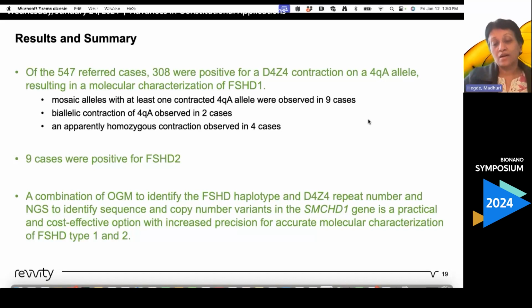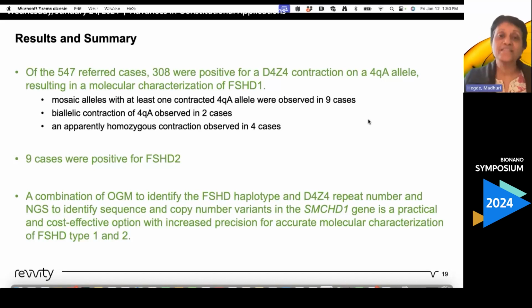So what we have recommended in our manuscript, the published manuscript I showed before, is a combination of the NGS gene panel with OGM for testing for FSHD. Now, one thing I would highlight here is that we are not the first laboratory to demonstrate the use of optical genome mapping for FSHD.